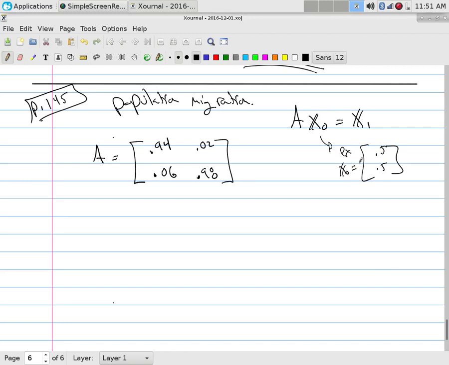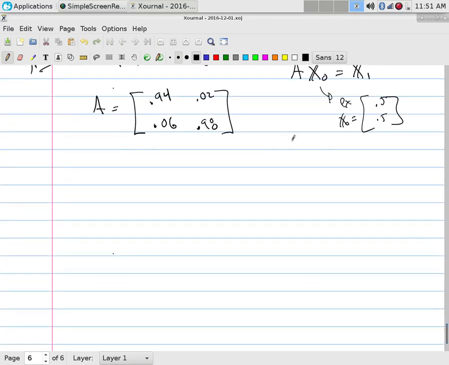But if they said 0.5, 0.5, what do they mean? 50% of the people live in region A, and 50% of the people live in region B. And then you multiply by this matrix, and it tells you what happens next year.